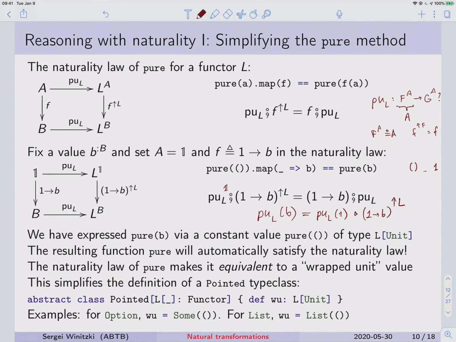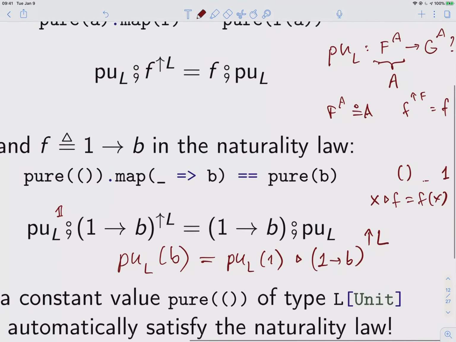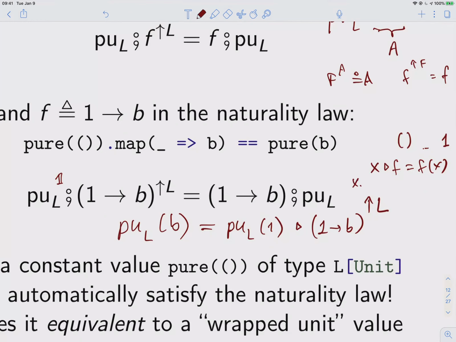So let me write what it is. x triangle f is the same as f of x. So in Scala, this is, for example, x dot length. And that's the same as x, and then triangle, and then length.